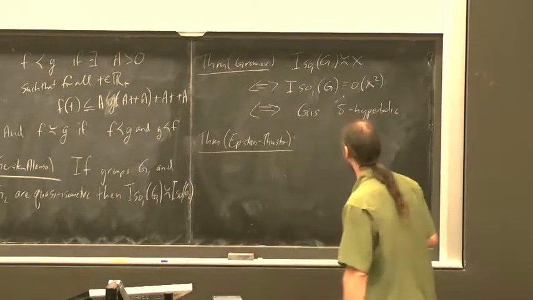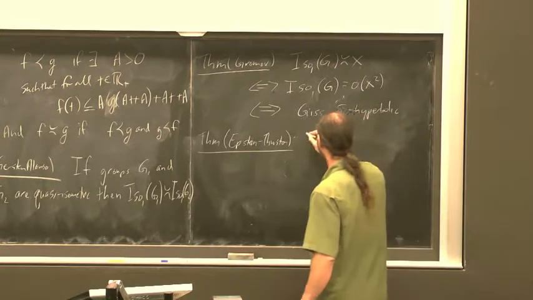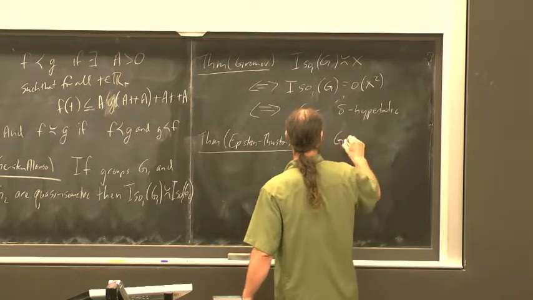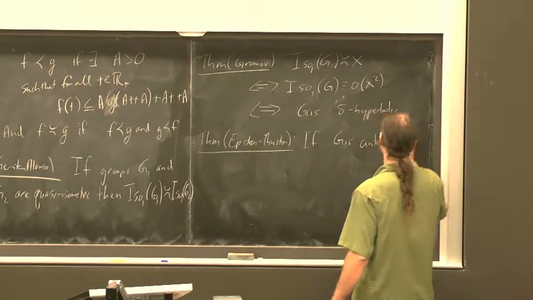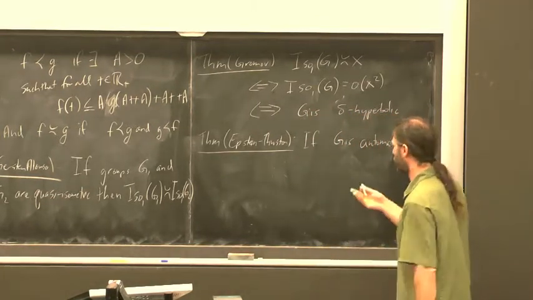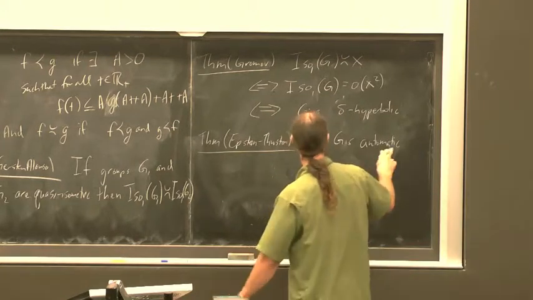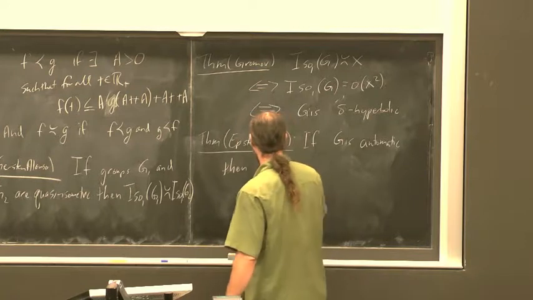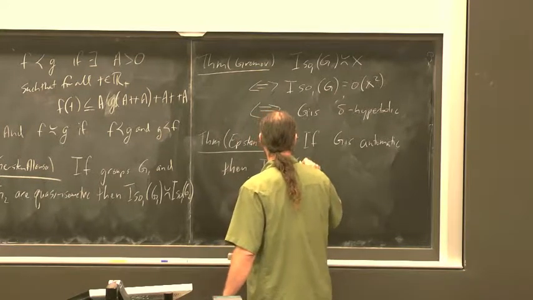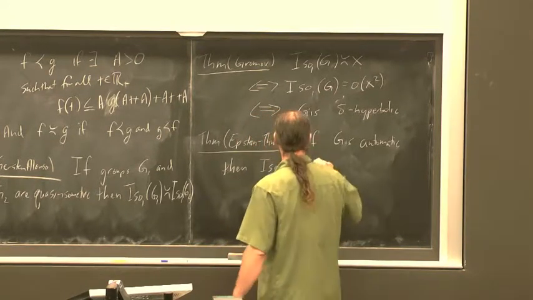They proved that if a group G is automatic, or actually more generally they showed that if the group has a quasi-geodesic homing, then the first isoperimetric function of G is at most quadratic.